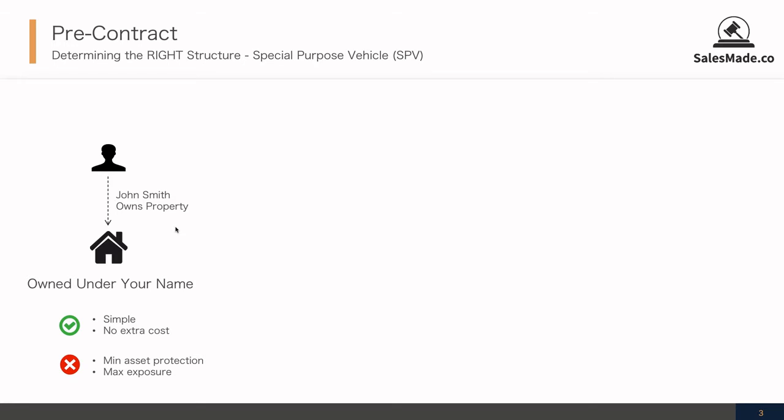If John has the home under his name, the car under his name, whatever it is, as long as it's traceable that people can find assets under John's name, then John's assets are exposed. So there is absolutely no asset protection in this case. John could lose everything.